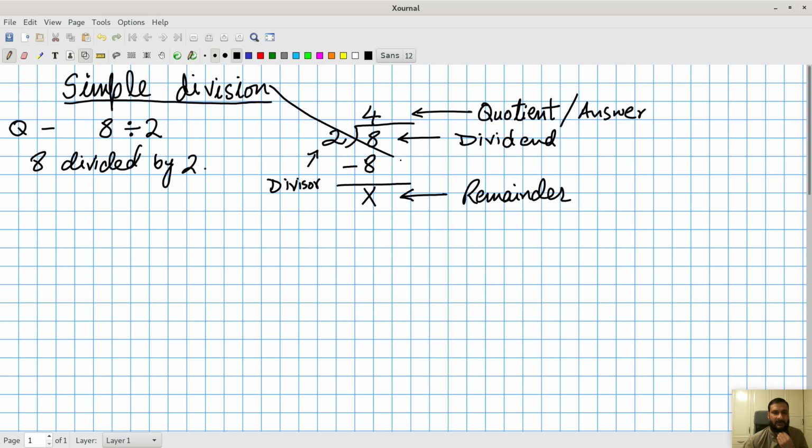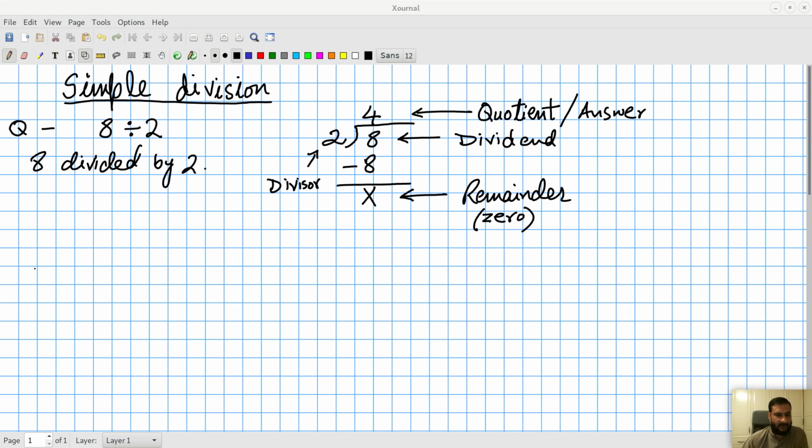Anyway, this is what it looks like. In this case, the remainder is nothing, or we could write for our understanding, remainder is 0. When the remainder of a division operation is 0, it is called successful division or complete division.